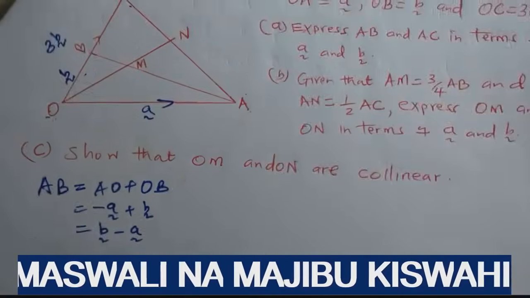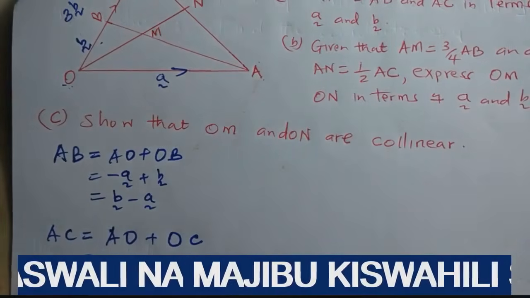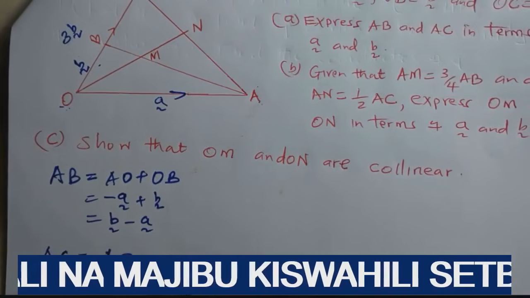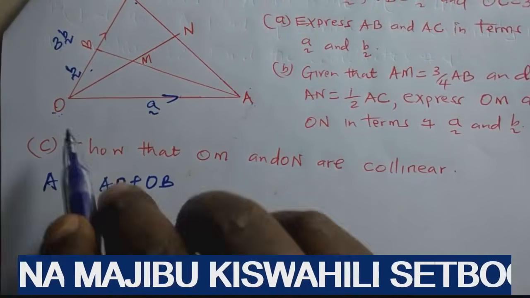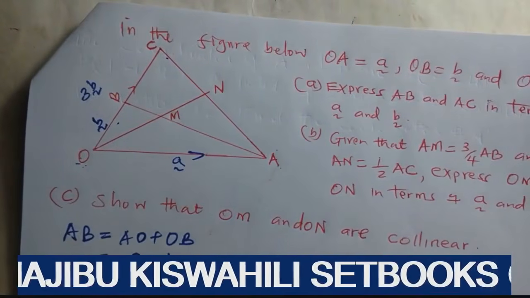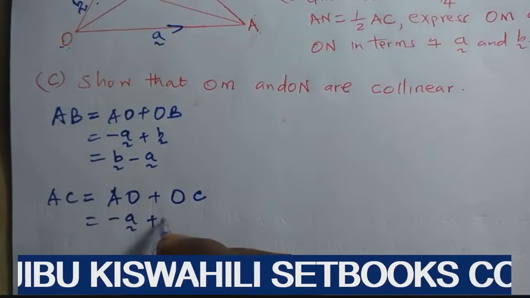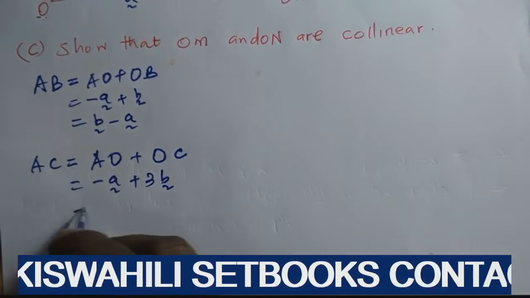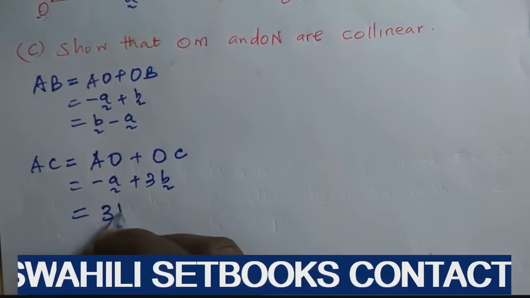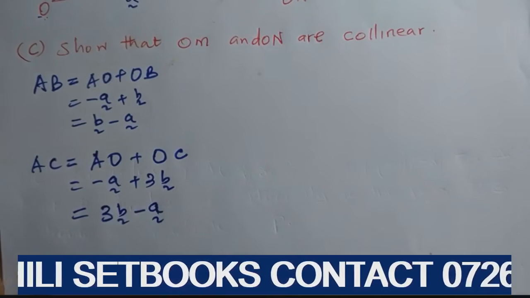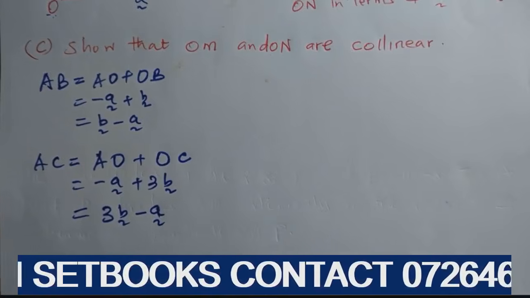But we know that AO is equal to minus A, plus OC. OC is 3B, vector 3B, and this is the same as you can start with a positive 3B minus A, like that. So we are done with part A.